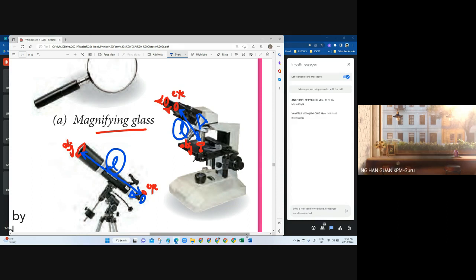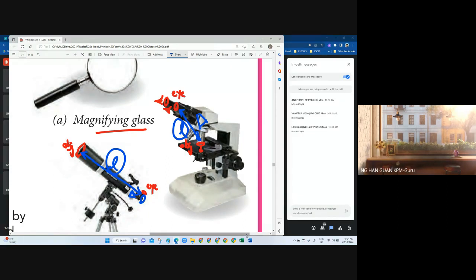Vinisa also said microscope, the length between the lenses is adjustable. The others are not really sure, still thinking. Why do so many choose the microscope? Only three chose microscope.